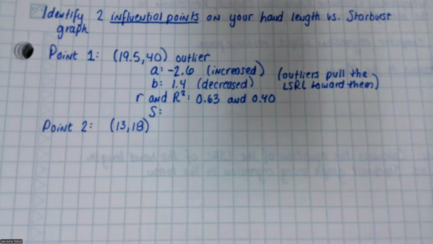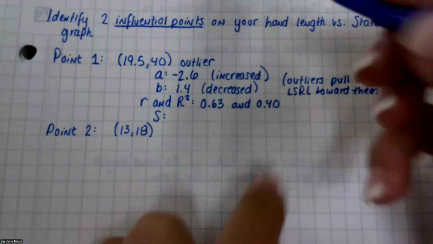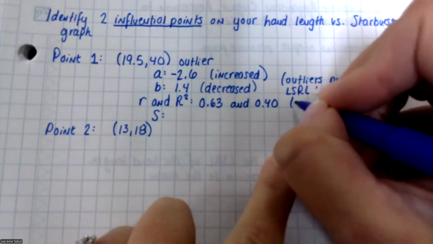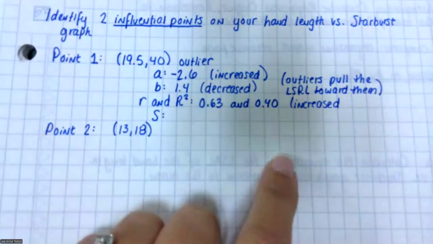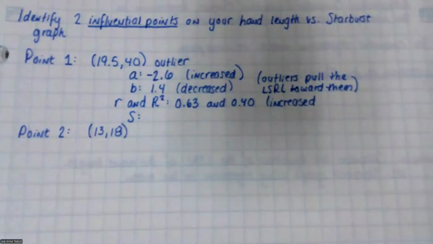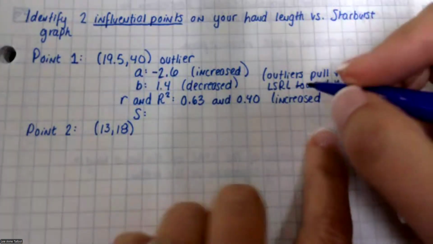What does that mean? What happened to those? They increased. Why? What happens if you take an outlier out? Yeah, stronger association.